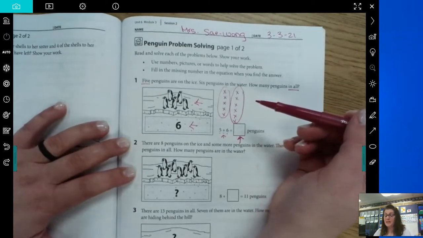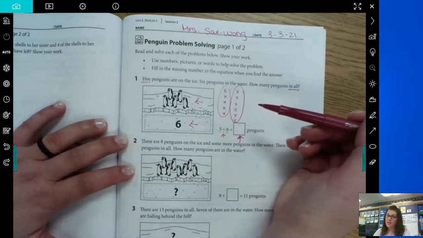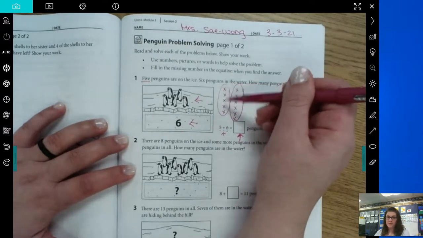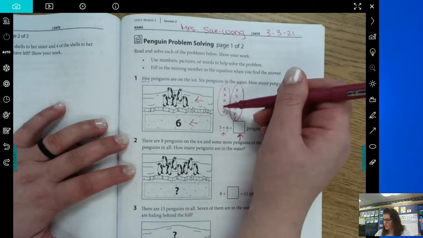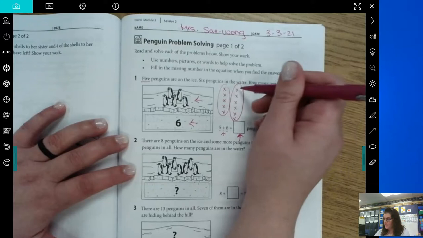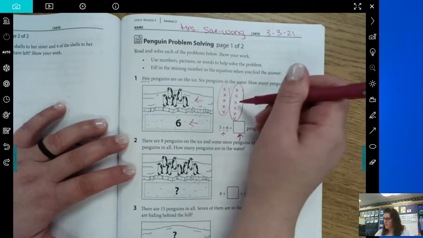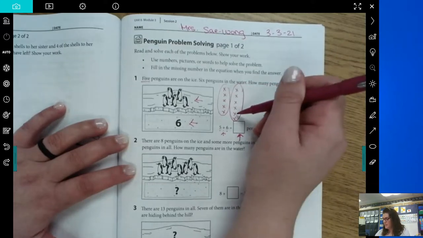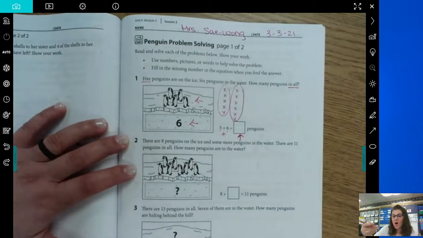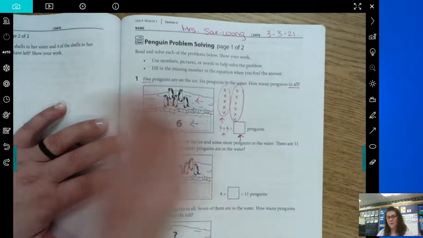Here's what I would like you to start getting in the habit of, though. So if we know we have 5, let's count on from 5. So instead of going 1, 2, 3, 4, 5, 6, 7, and on, I want you to say, okay, I have 5, 6, 7, 8, 9, 10, 11. We need to start practicing counting on from the first number that we have.